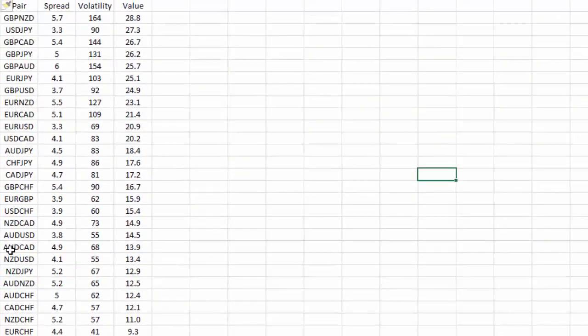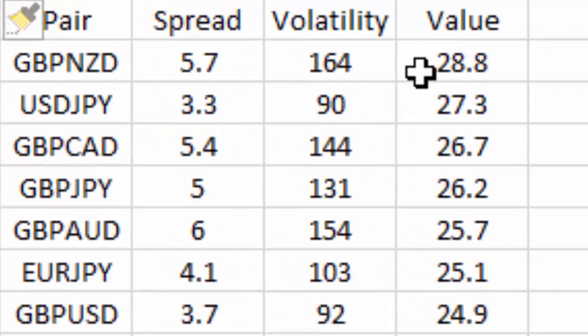It's basically got the pairs, the average spread that he enjoys from his broker, the volatility of the particular currency, and then the value he is getting from his spread. Now, how he calculates the value is very interesting. He takes the volatility and divides that by the spread. In other words, he's saying for every pip of spread, how much movement do I get on a daily basis?